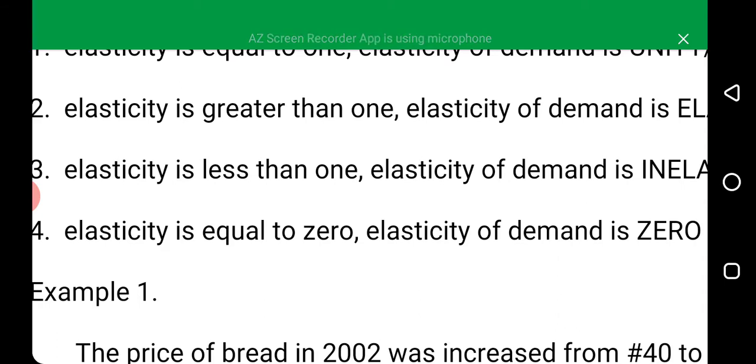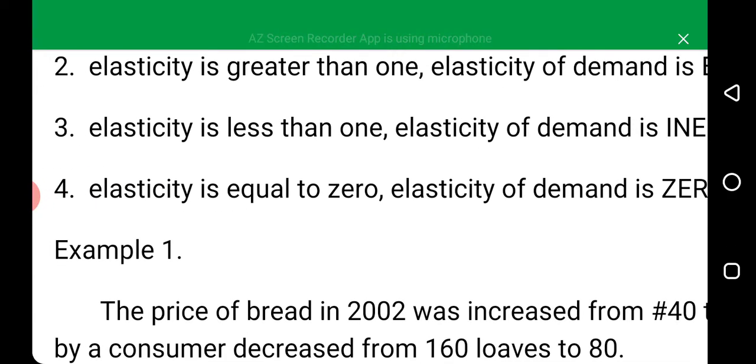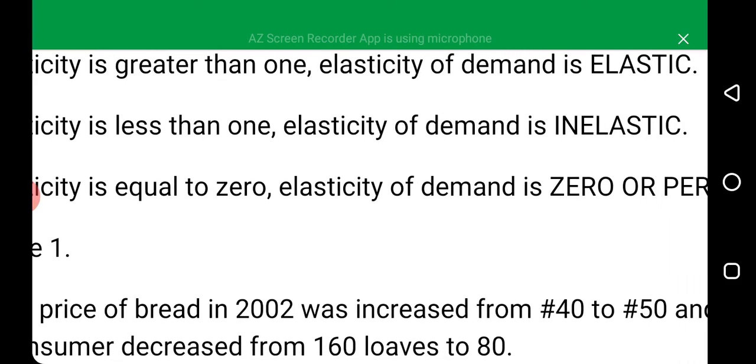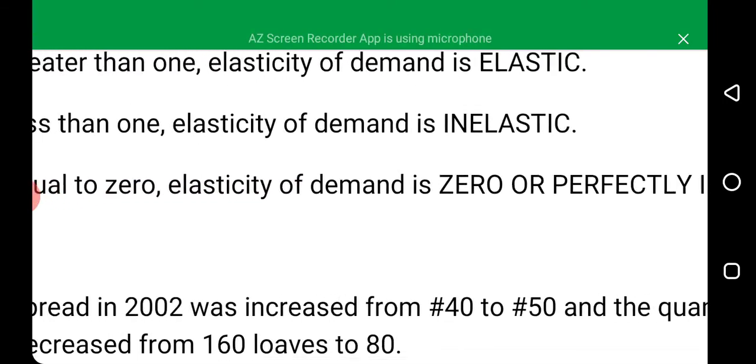When you are given a calculation and you get your answer to be less than 1, that means elasticity of demand is inelastic. And when elasticity is equal to 0, that means elasticity of demand is zero or perfectly inelastic demand.